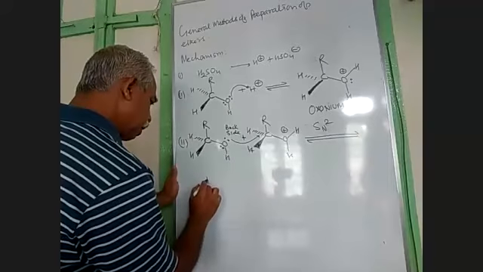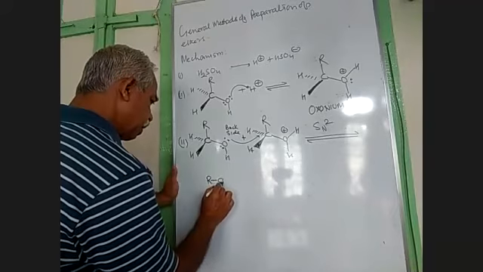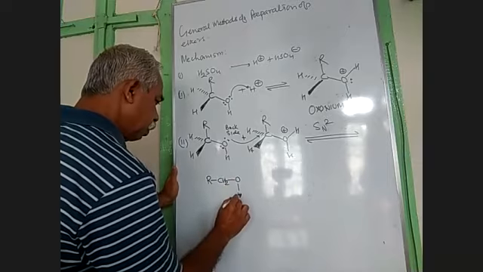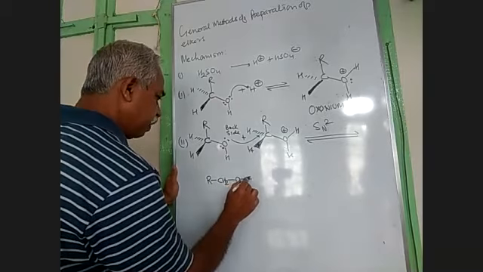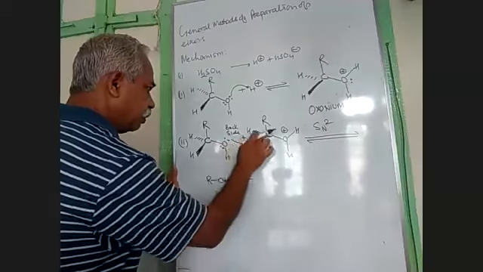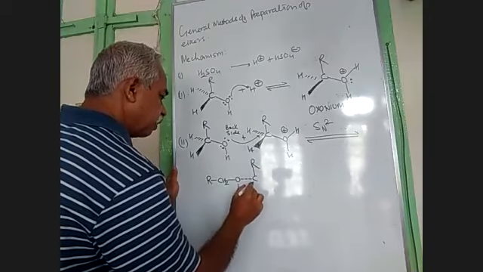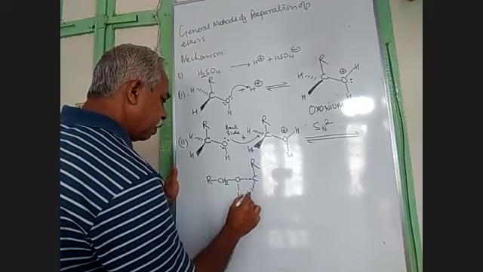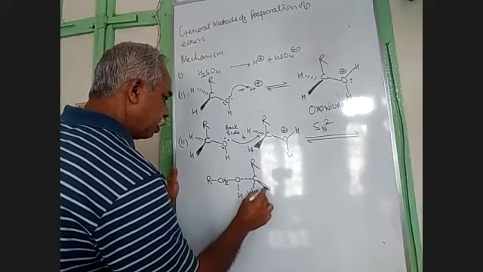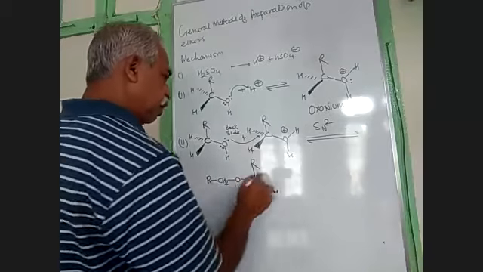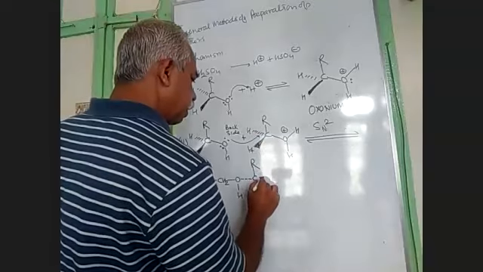So I'll write RCH2O. See, this oxygen started giving electrons to this carbon. So it is R, H, and this bond will start breaking.